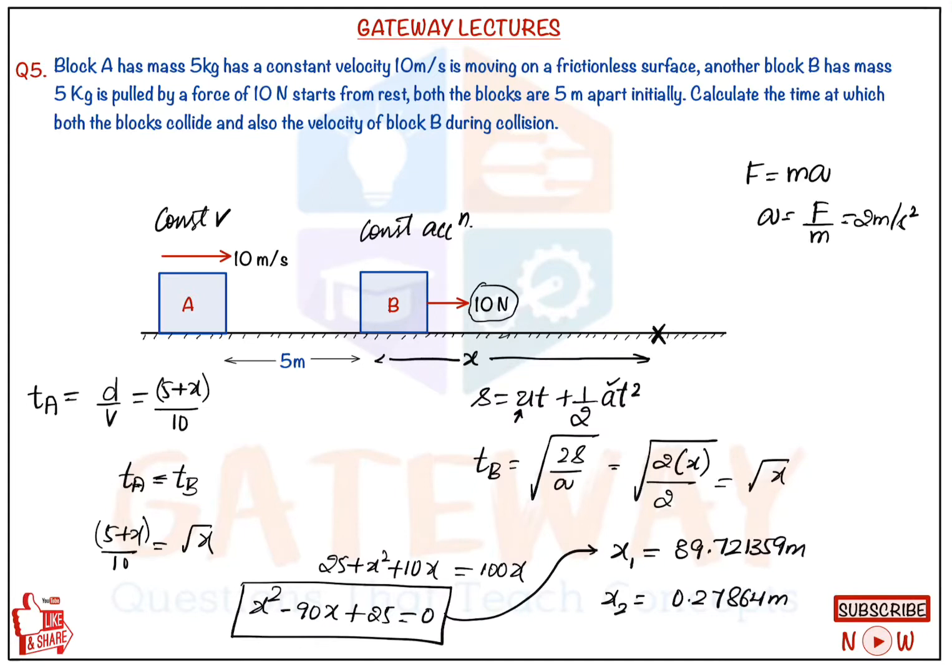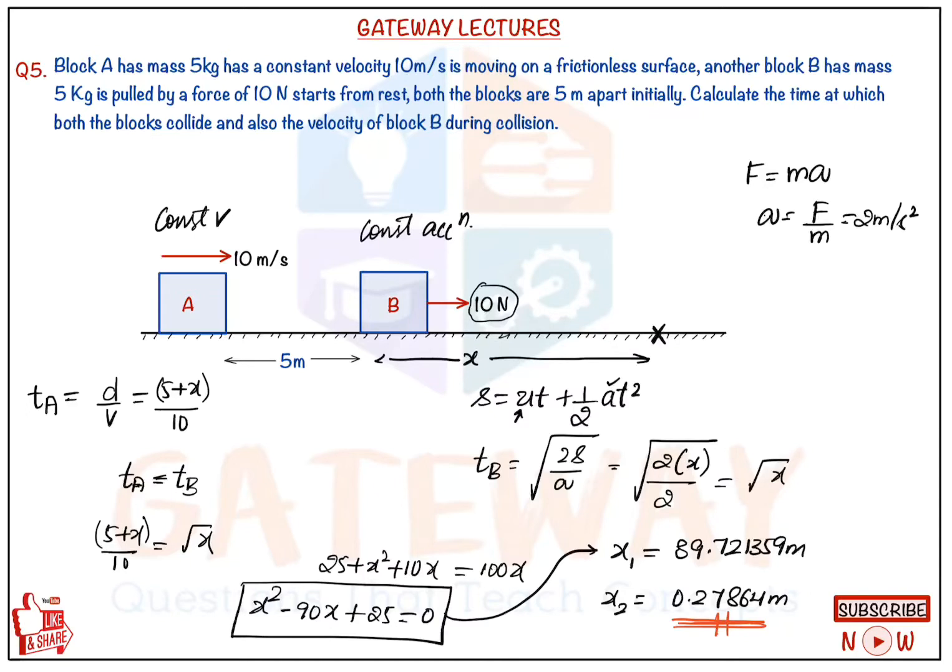Whenever we are solving questions of distance, displacement and collision, we should always take the minimum distance traveled. So if block B travels 0.27864 meters and block A travels 5.27864 meters, then they will collide first. That is what they are asking.